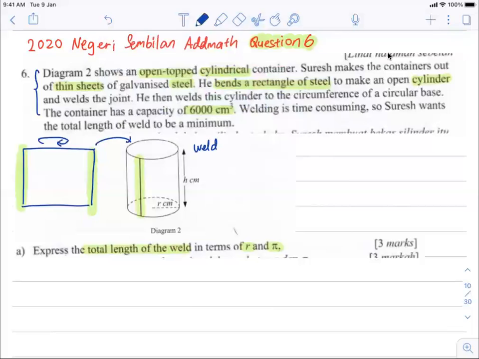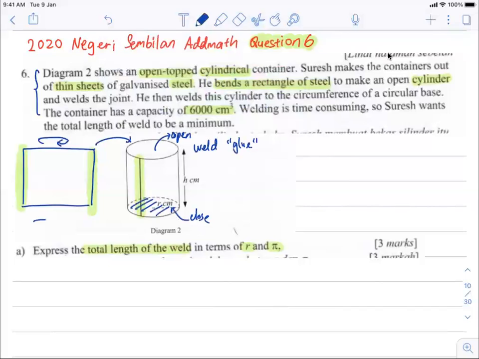Welding is actually a process of gluing the two sides of the metal together. It's a bit like glue. And not only that, there's still the base of this cylinder. We remember this is open, but this is closed.